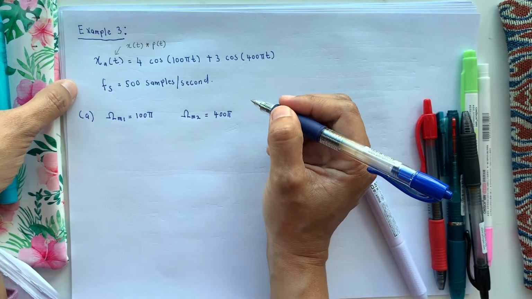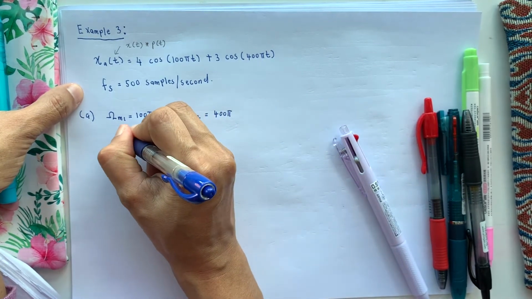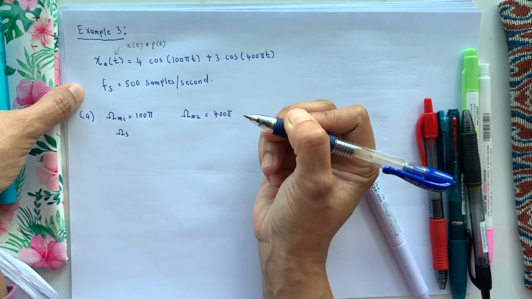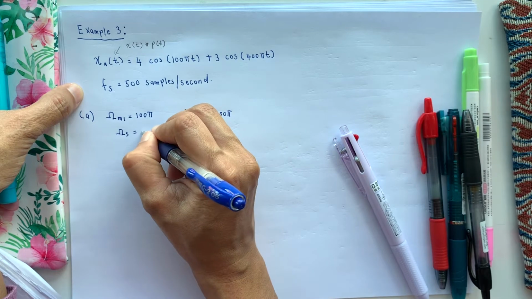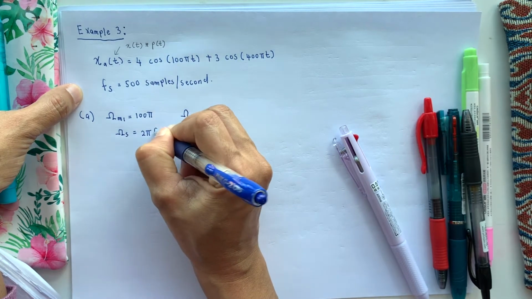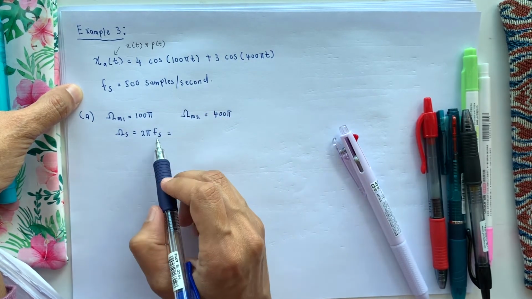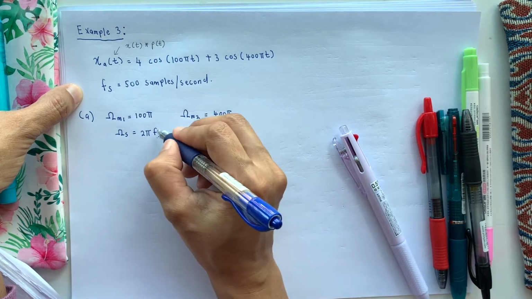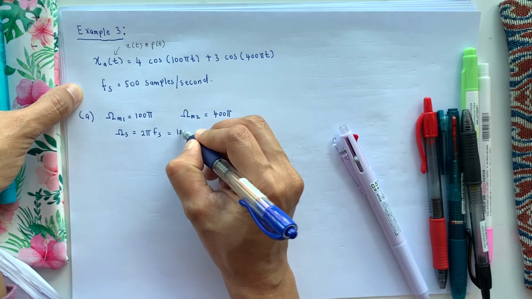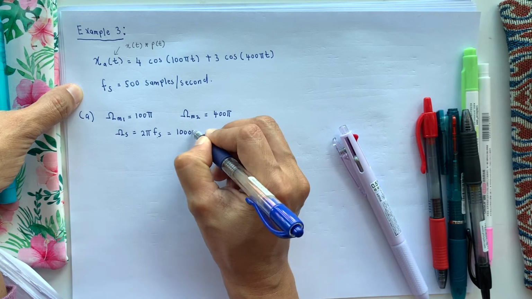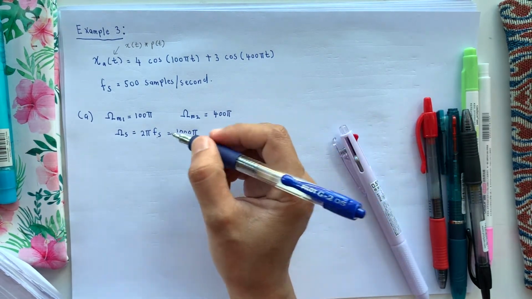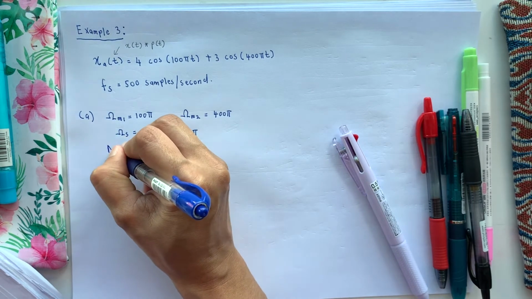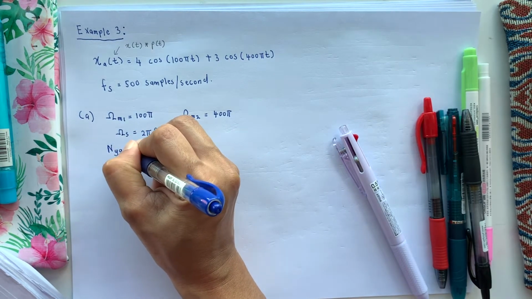What you have to do next is find your ωs. You can get it from 2πFs. Your Fs value is 500, so your ωs value is 1000π. Next, remember your Nyquist theorem.